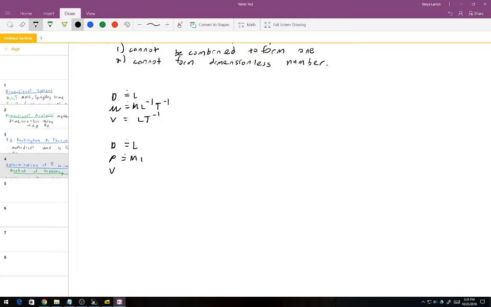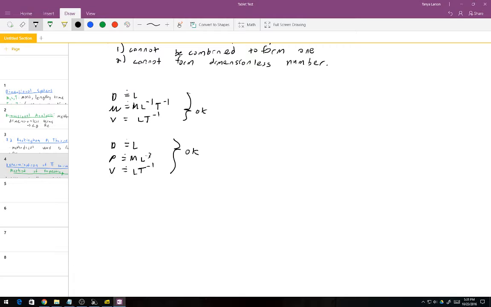M, L to the negative 3. And velocity has dimensions of L, T to the negative 1. Would this work? Well, we don't include the dependent variable, we can't combine them together, so yes, this would be okay as well.